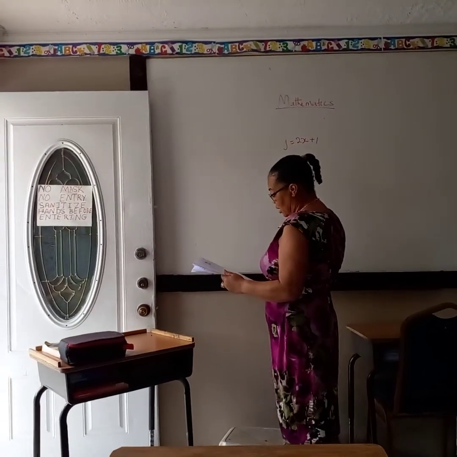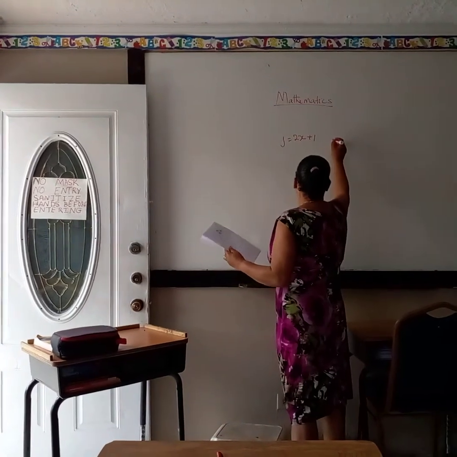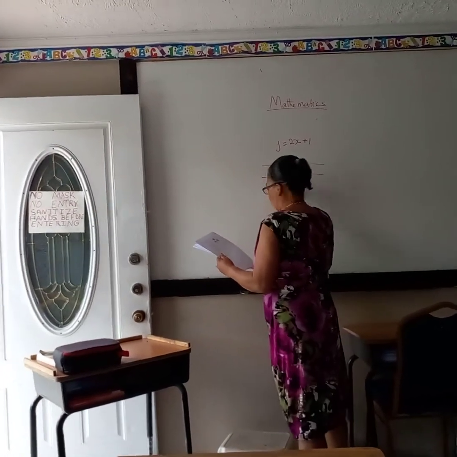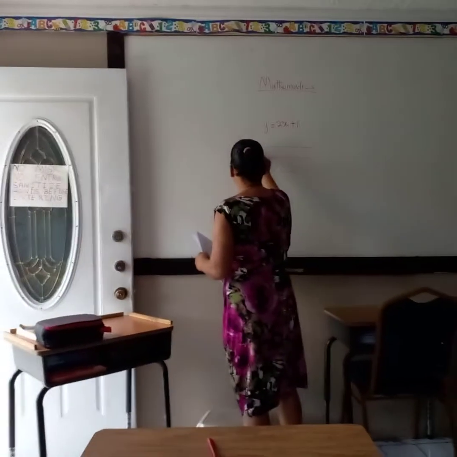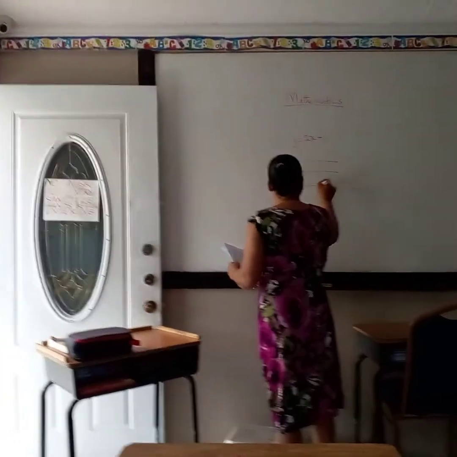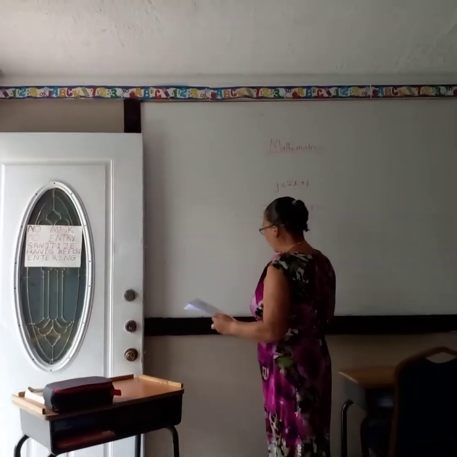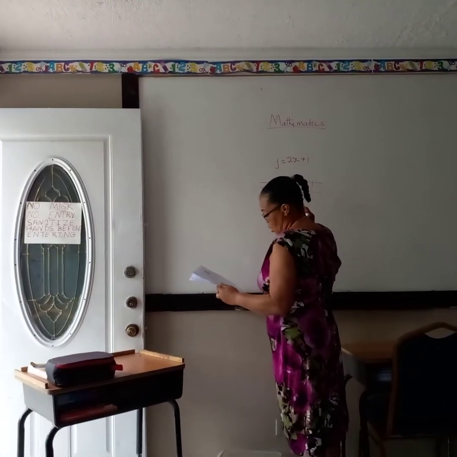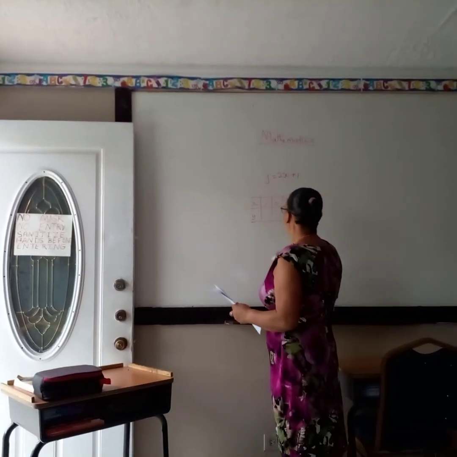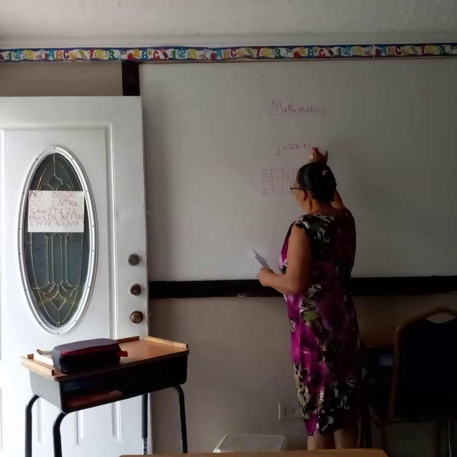They say calculate the value of y when x is equal to 2. Normally x is always first and y comes next. They gave us the values of x as 1, 0, and 2, and they gave me the value of y, 2x plus 1.